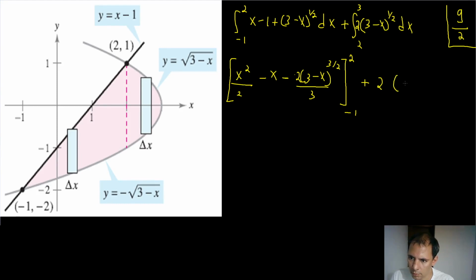It'll be 3 minus x to the 3/2, multiplied by 2/3. So I'm going to multiply this here by 2/3, okay? And also have to divide by the derivative of the inner one, so it's going to be a -1 in here.